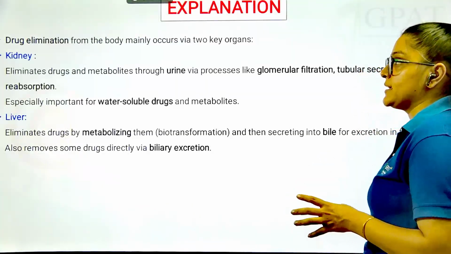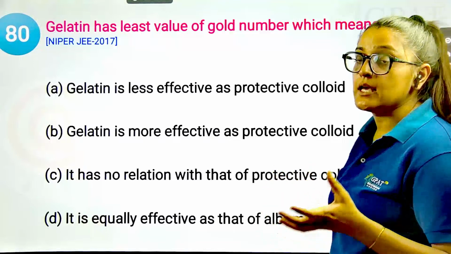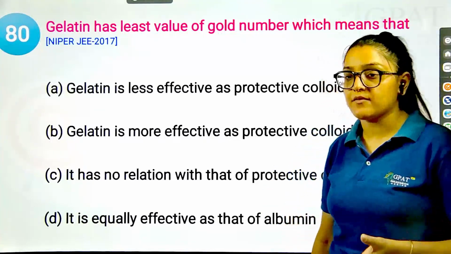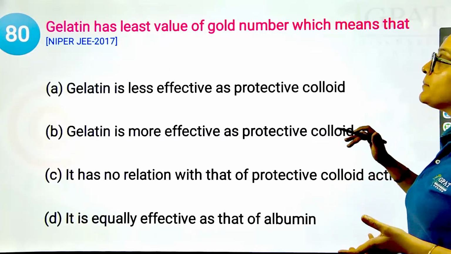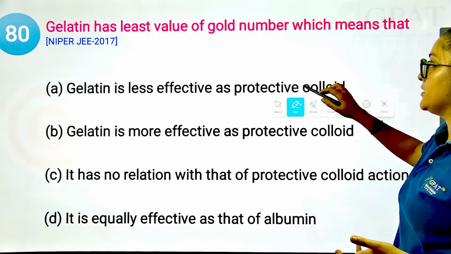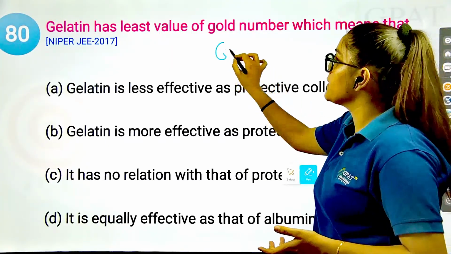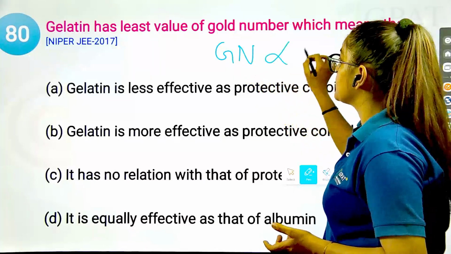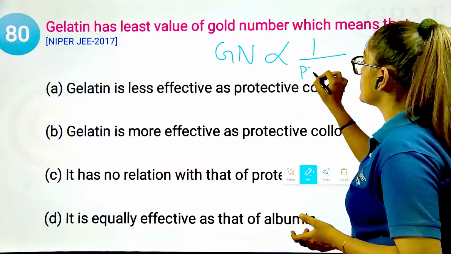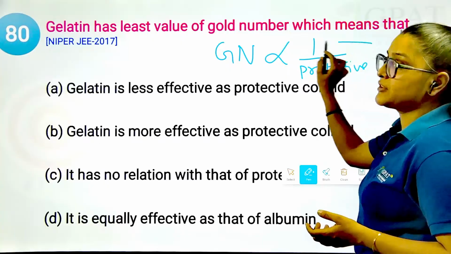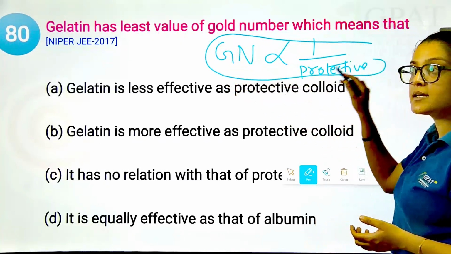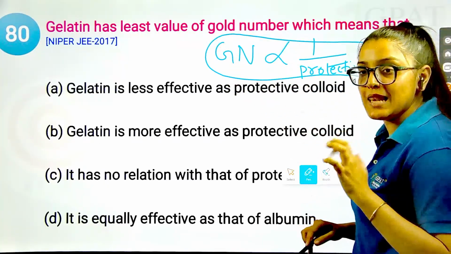Major metabolizing eliminating organ. Next, gelatin has a gold number value, which means that, see, higher gold number value or least gold number value. Gold number is inversely proportional to the protective ability of the colloid. So if the protective ability is higher, that means the gold number was lesser, right?